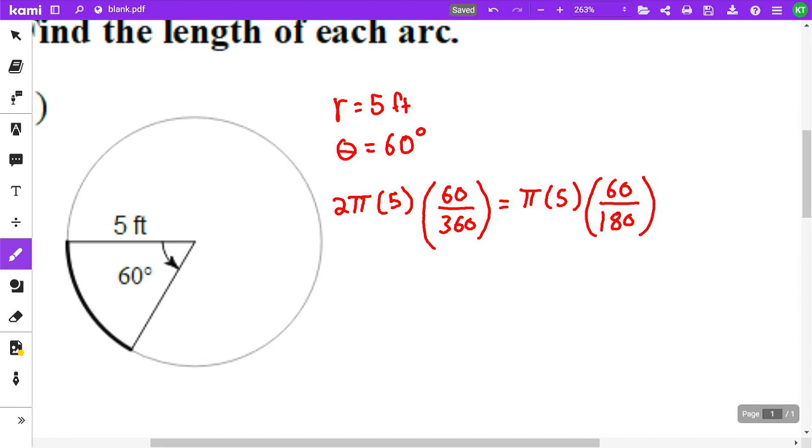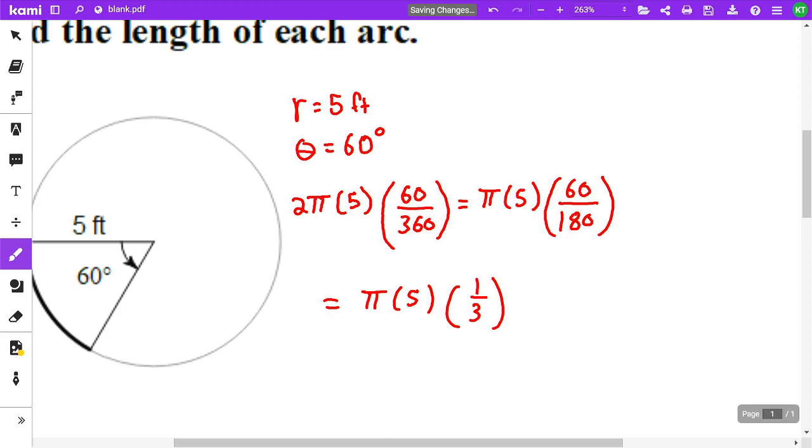So let's go ahead and simplify this even further. I know that 180 and 60 can both be divided by 60. So this can now be rewritten as pi times 5 times 1 over 3, because 60 divided by 180 simplifies to 1/3.